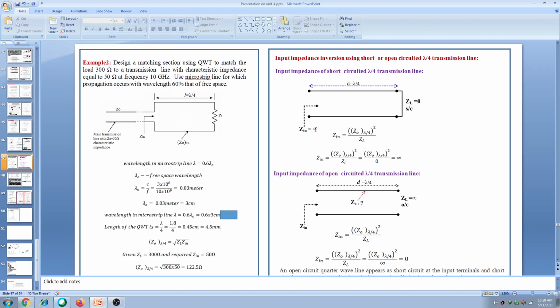It looks like an open circuit here. At the distance lambda by 4, even though the load is short, the input impedance looks like infinity. That is called impedance inversion. Impedance inversion: 0 looks like infinity.